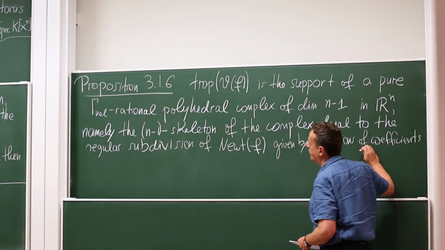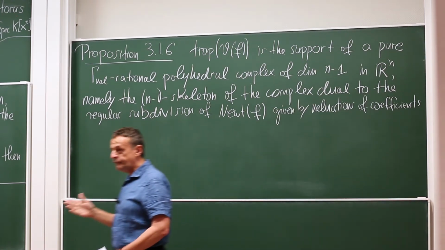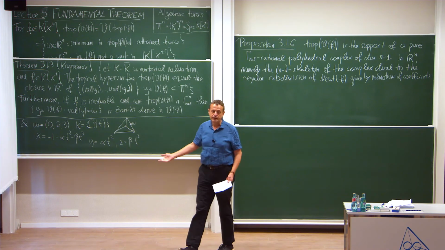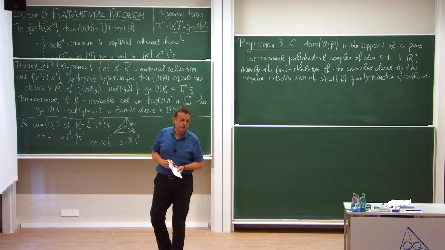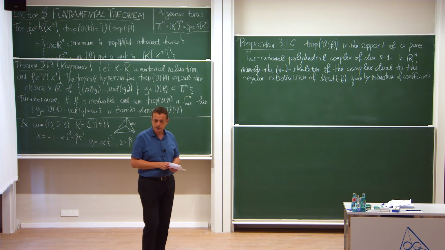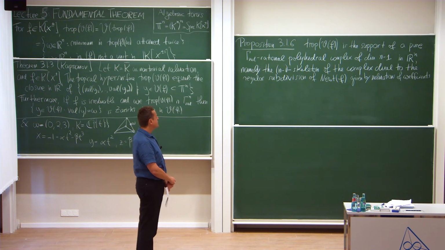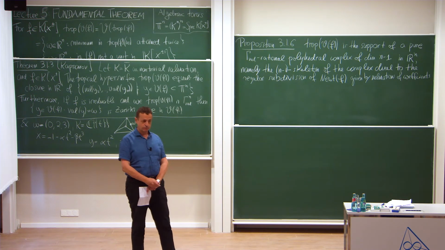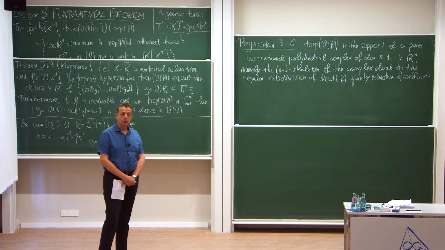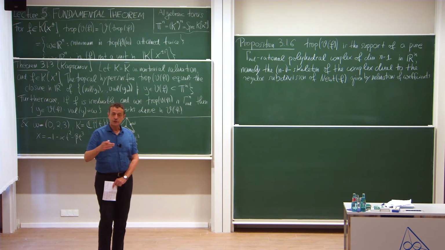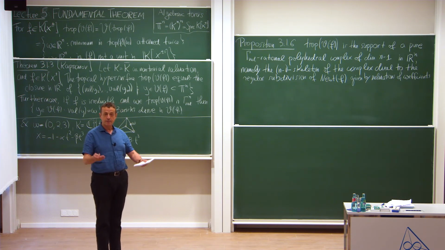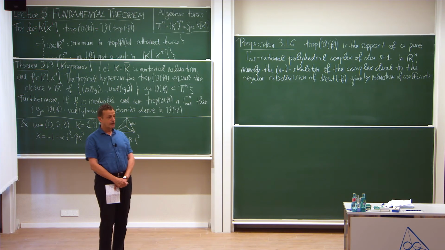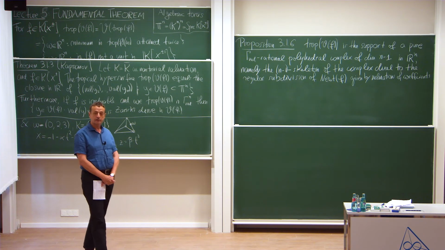Okay, so I look at all the monomials in f. I plot the exponent vectors. It gives me a collection of lattice points in n-dimensional space, integral points. Then I assign a weight or height to each such point. I pull that out of the n-dimensional space into the n plus 1 dimensional space. I take the convex hull.